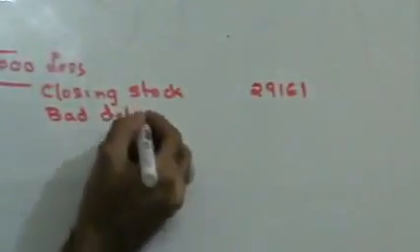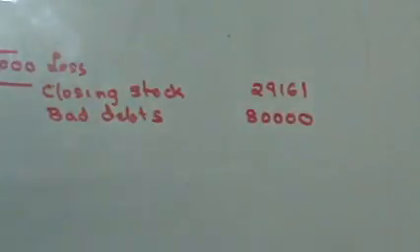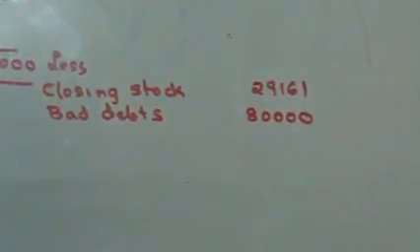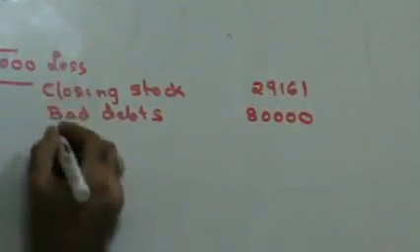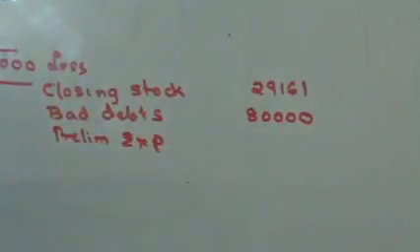Provision for bad debts is less. So it will go in less column. Bad debts amount is 80,000. Then similarly, preliminary expenses is also less. Amount is 40,000.